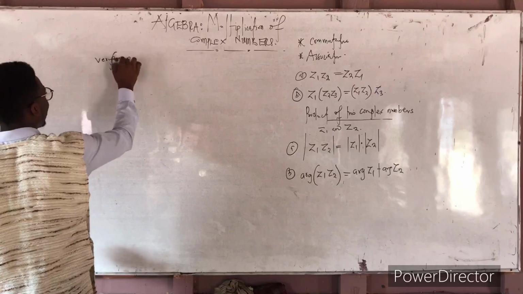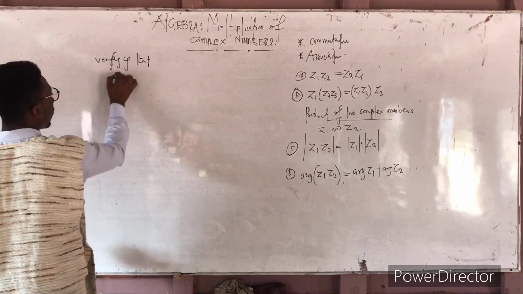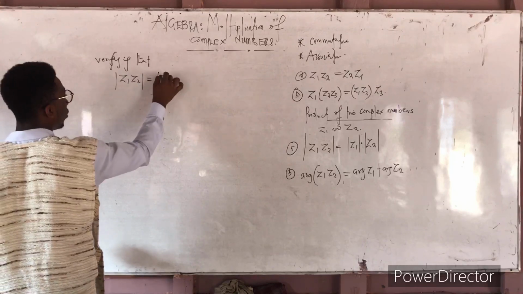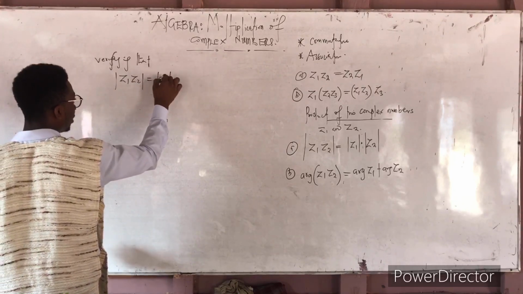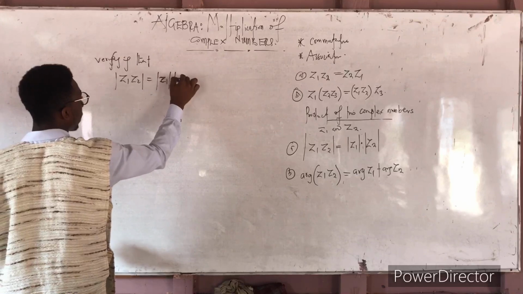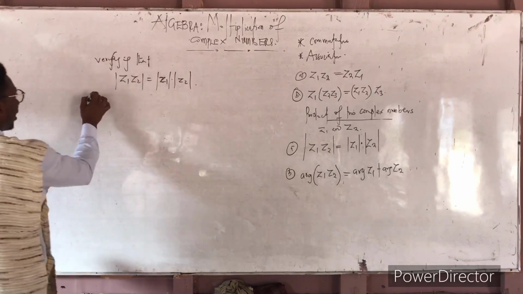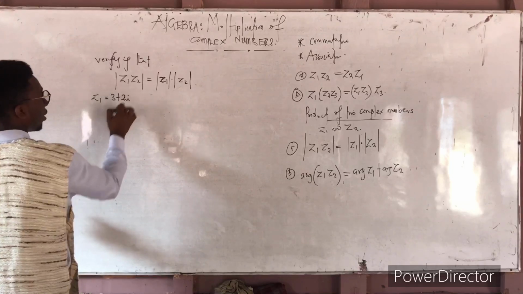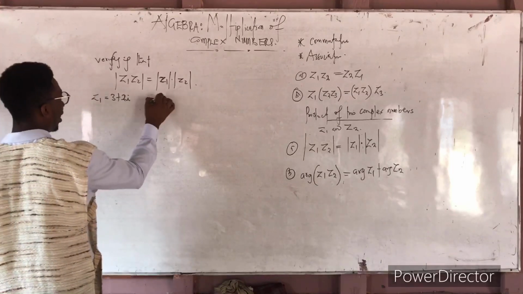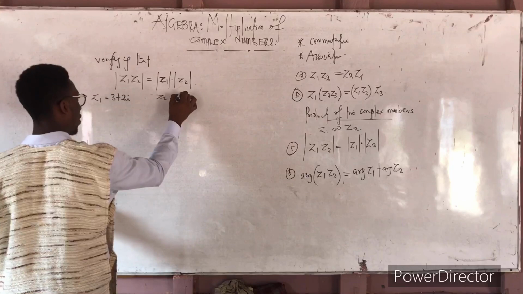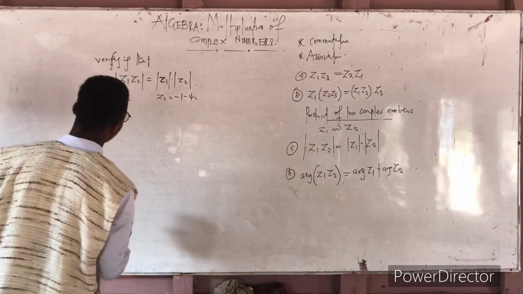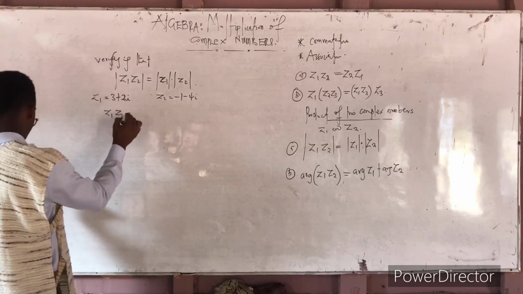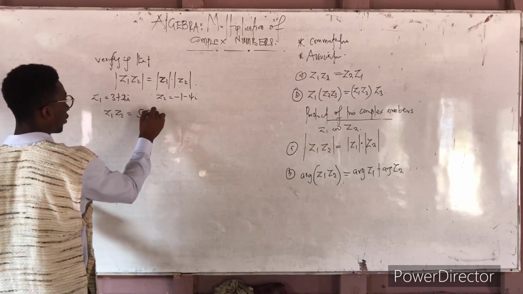Verifying that the modulus of the product is equal to the product of their individual moduli. Let's take z1 equal to 3 plus 2i, which is the first example we did, and z2 equal to minus 1 minus 4i. When we did this, z1 z2 gave you 5 minus 14i.